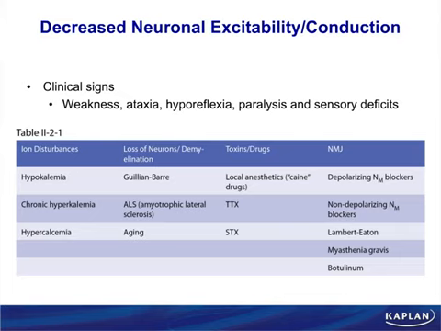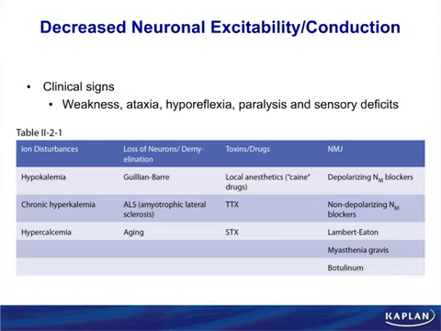We lock those fast sodium channels in the inactivated state. And hypercalcemia. How do I remember hypercalcemia? Calcium blocks fast sodium channels. So if I have excess extracellular calcium, I want to block the fast sodium channels, reduce excitability. So those are the ion disturbances that should be showing up on our differential.